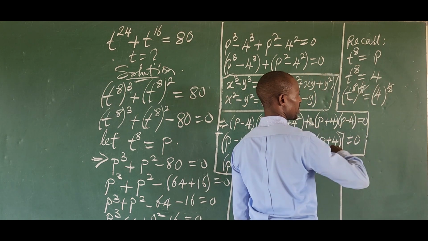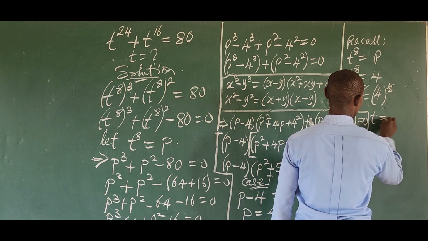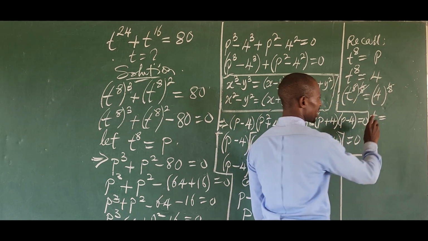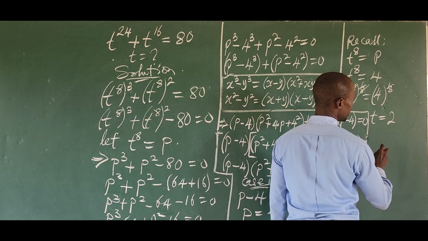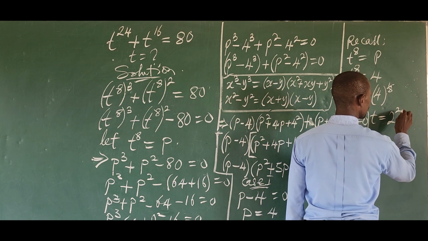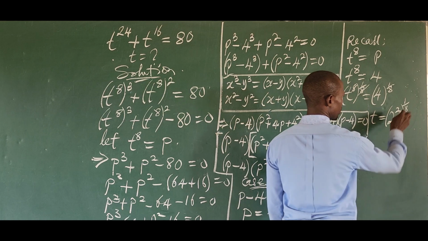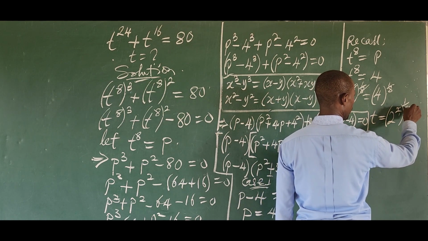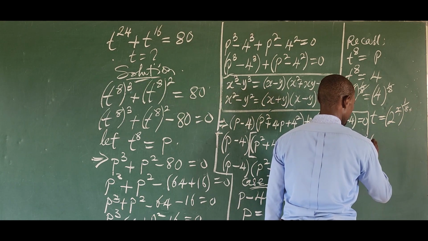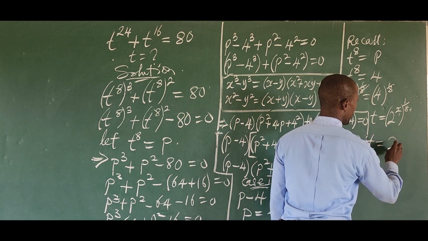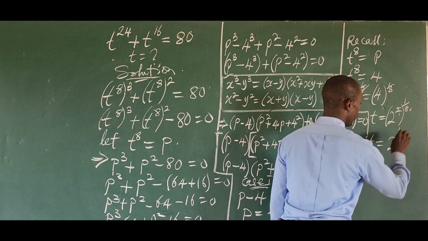So t will now be equal to, this 4 could be written as 2 to the power of 2, all raised to the power of 1 over 8. So if we multiply out, 2 times 1 over 8 will give us 1 over 4. So we end up having t is equal to 2 to the power of 1 over 4.